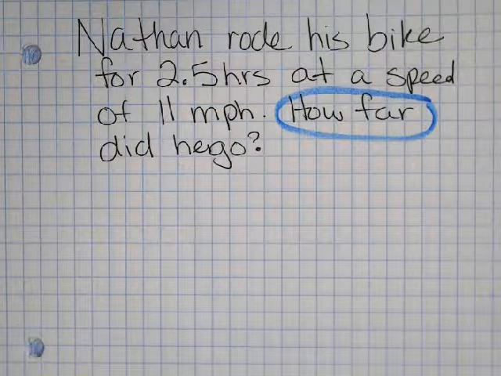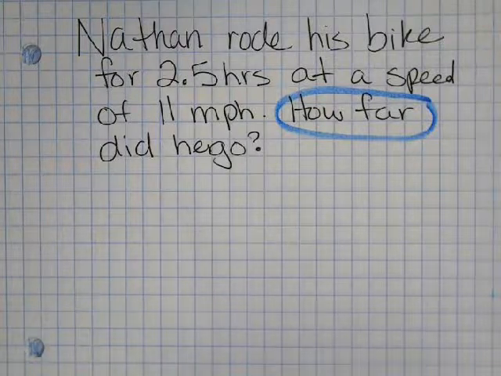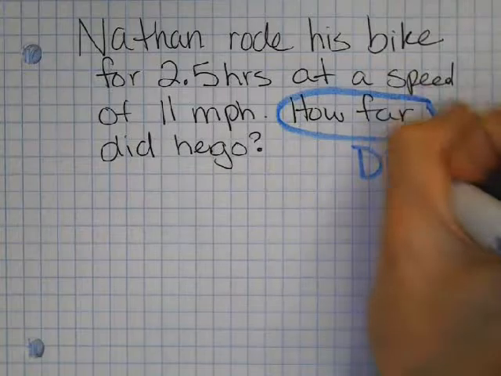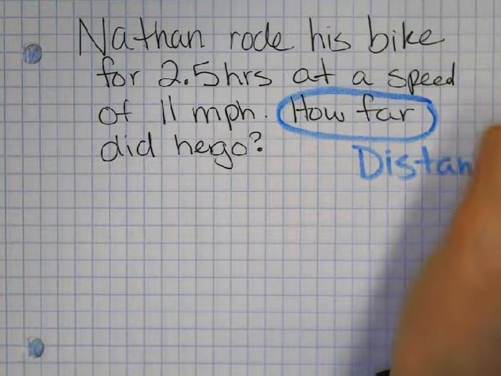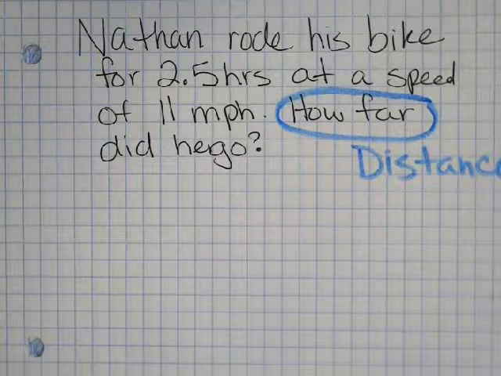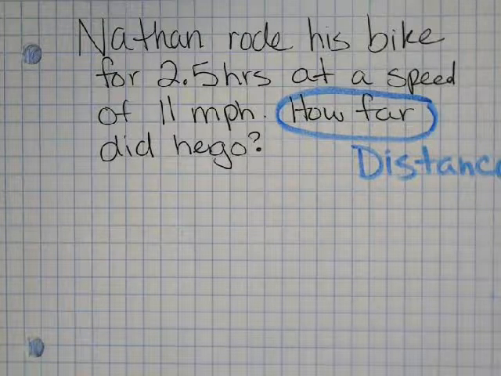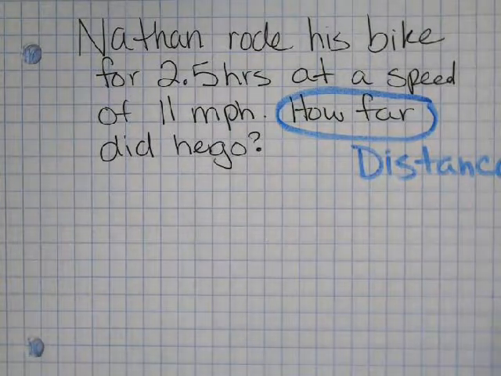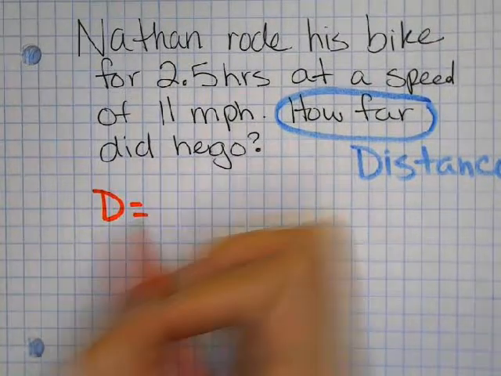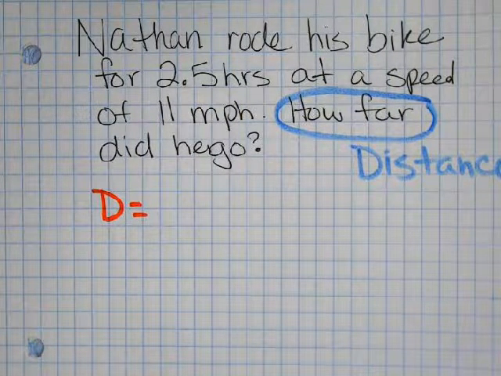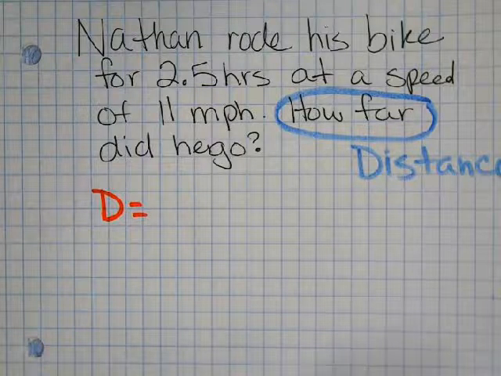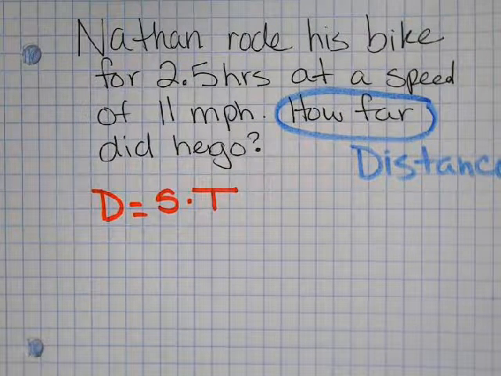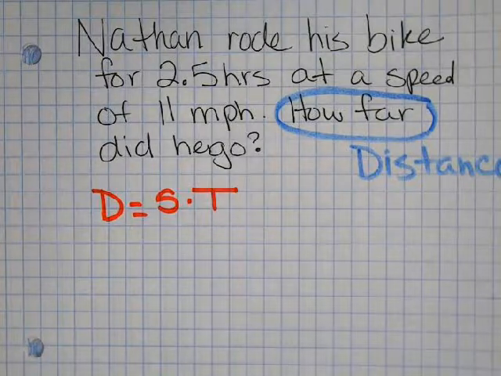So it's asking you how far. So that means, turn around, distance. So what letter am I going to cover up? The D. So therefore, distance is equal to S times T. If you cover up the D, you're left with S times T. S stands for speed, T stands for time.